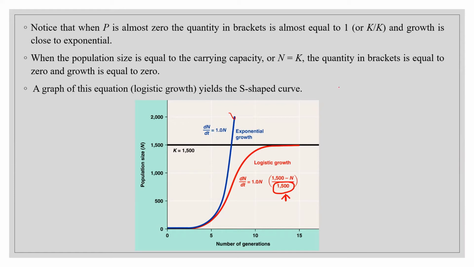Obviously for different environments we will have different carrying capacity. If I have set my carrying capacity as 1500, that means that environment cannot hold more people than 1500. So you can see from this figure also.